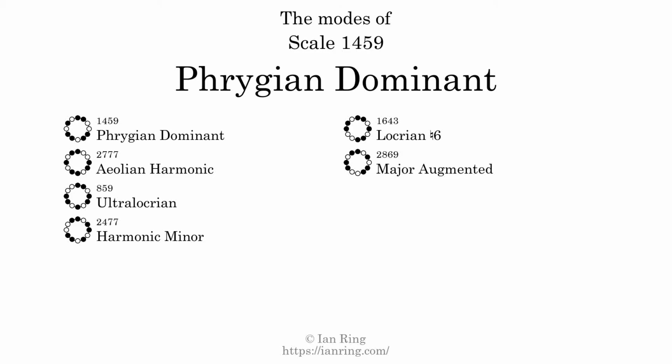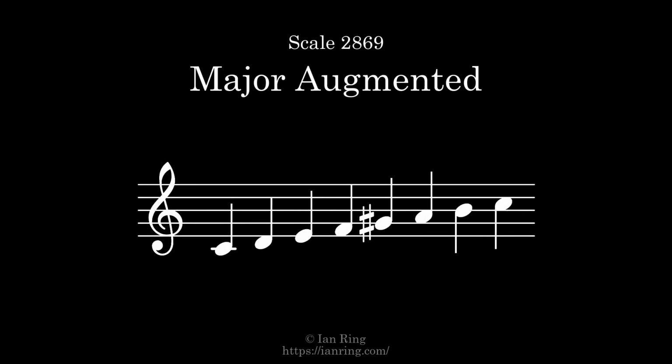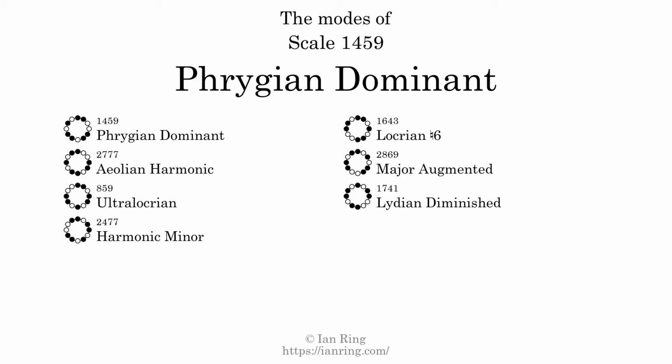The sixth mode is scale 2869, also known as Major Augmented. It sounds like this. The seventh and last mode is scale 1741, also known as Lydian Diminished. It sounds like this.